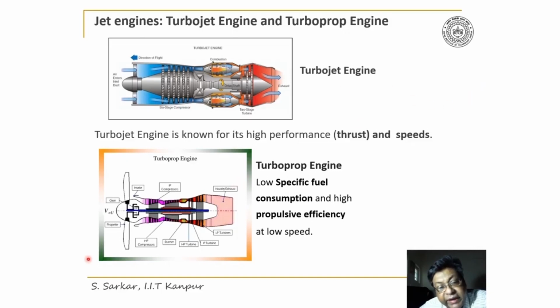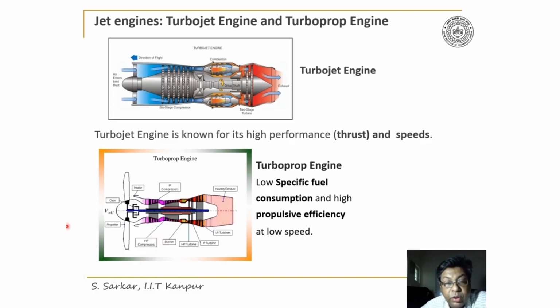So air is again sucked in by a multi-stage compressor, which compresses the air. Combustion occurs in the combustion chamber, and then the pressurized, high temperature gas is fully expanded in a turbine to produce power output, and that power output would be sufficient to run the propeller and the compressors.